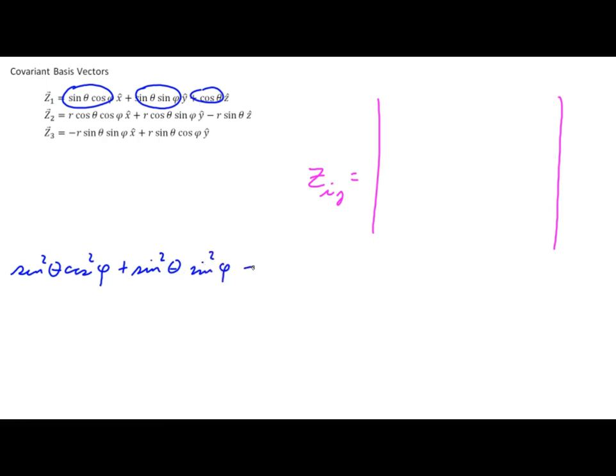And the last term is just cosine squared theta. Well, from previous work, I think you can see that those two terms together are just sine squared theta, because we could factor sine squared out, leaving cosine squared phi plus sine squared phi equals 1. And now this term added to that term is simply 1.